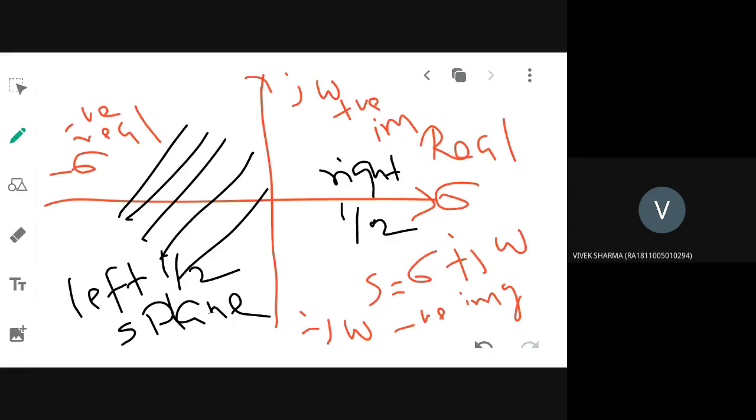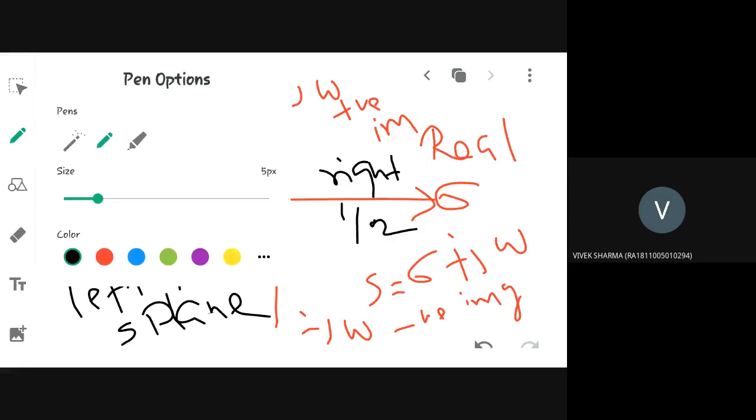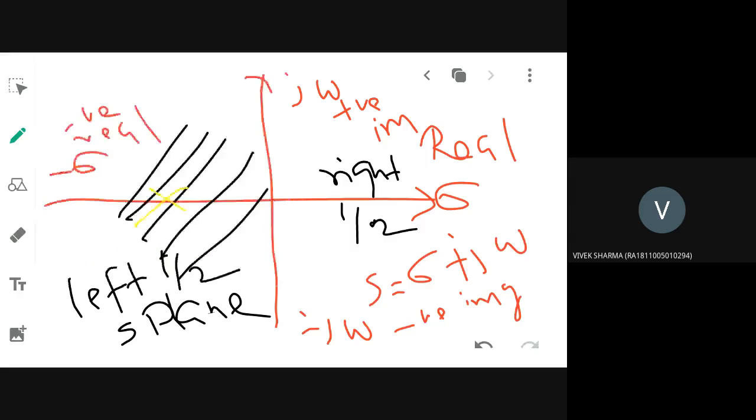Also, suppose you are having any roots or poles located here, let this be at minus 3 location. This is of negative real. If this is the case, this is actually a stable region, so you can infer that the system is stable. But if the root is at 3, where will it be located?